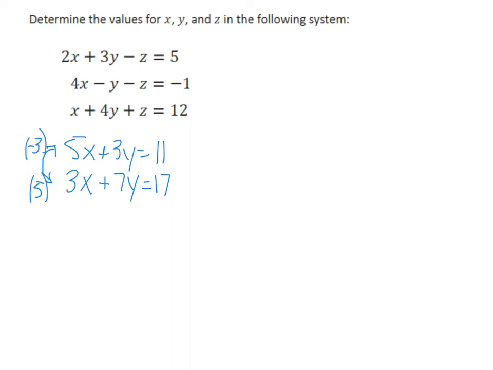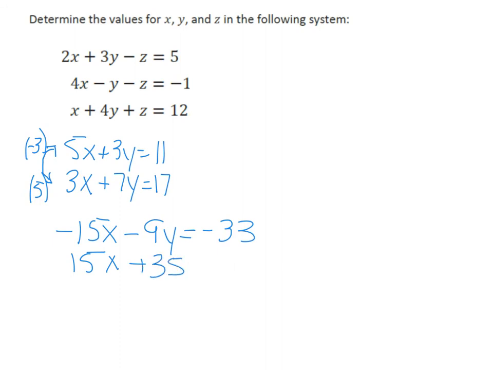So my top one is going to become negative 15x minus 9y is equal to negative 33. And my bottom now becomes 15x plus 35y is equal to 85.